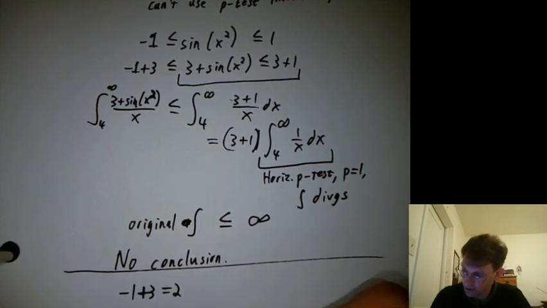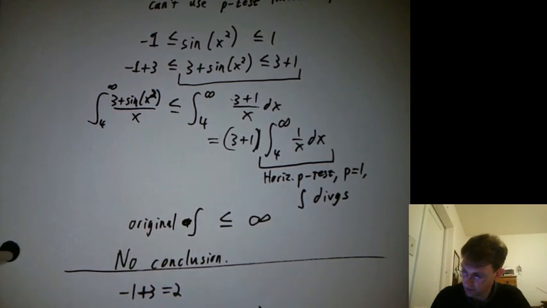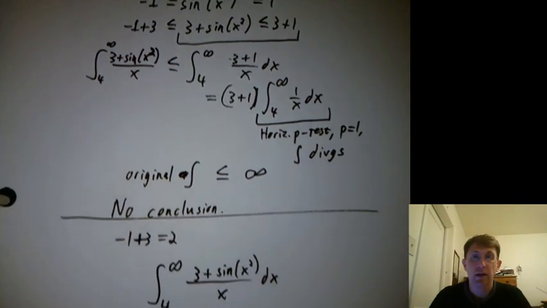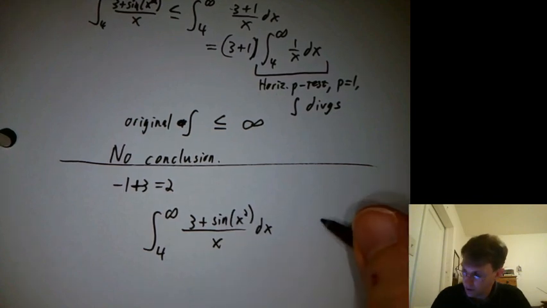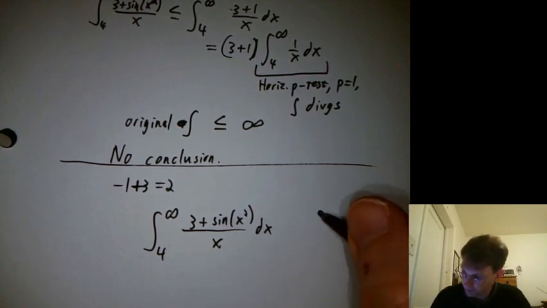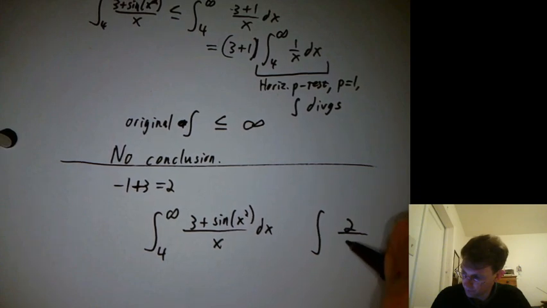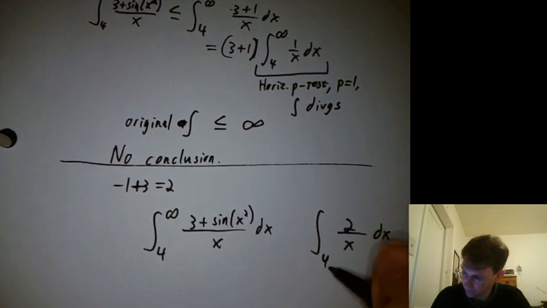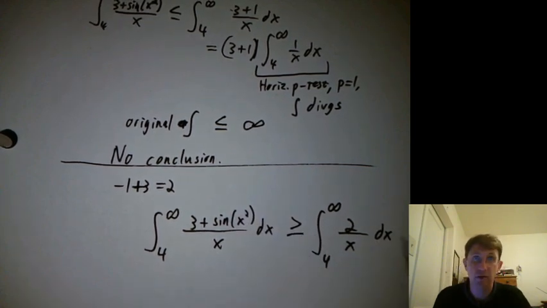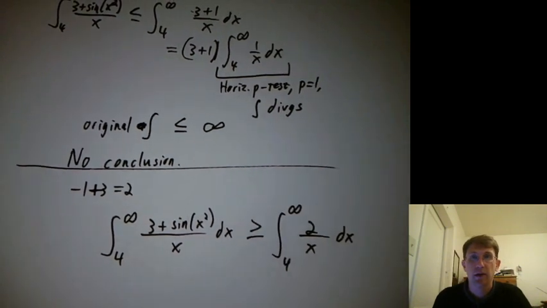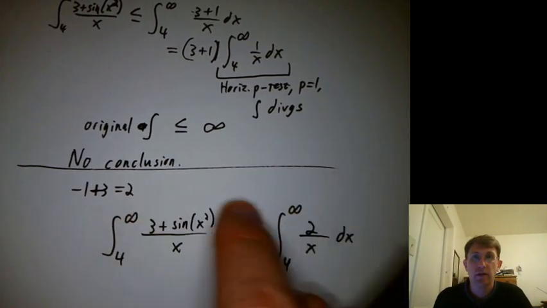So we can say our original integral, 3 plus sine x squared over x, how does that compare to just making the numerator 2 here? We know that this value is always bigger than or equal to 2. And so this integral is always bigger than that one.